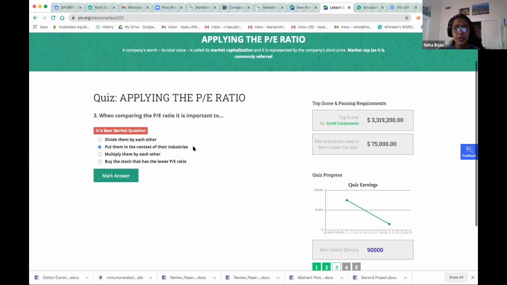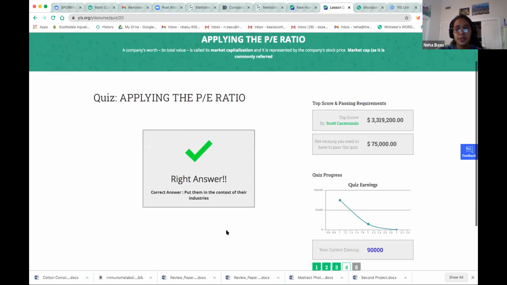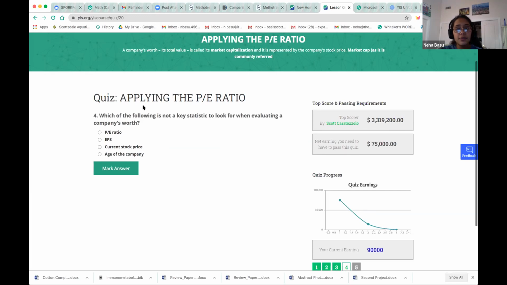So if you take a tech stock, you want to compare it to other tech stocks so that you're getting the most accurate comparison between two stocks. So mark answer. Yep.